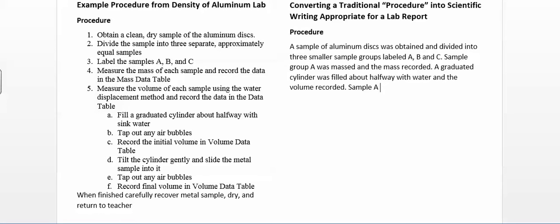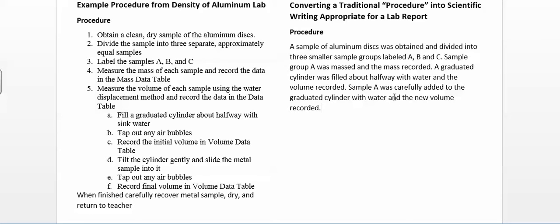So sample A was carefully added to the graduated cylinder with water and the new volume recorded. Great, so I've dealt with step 5.